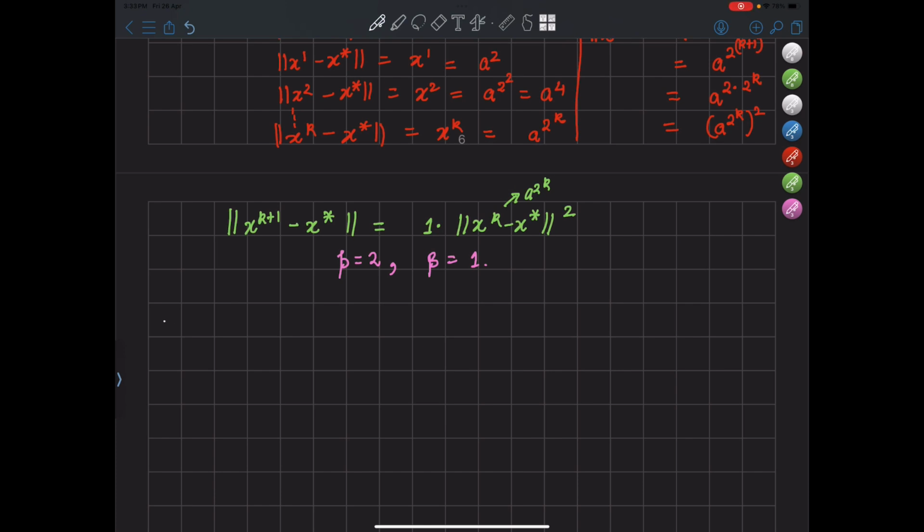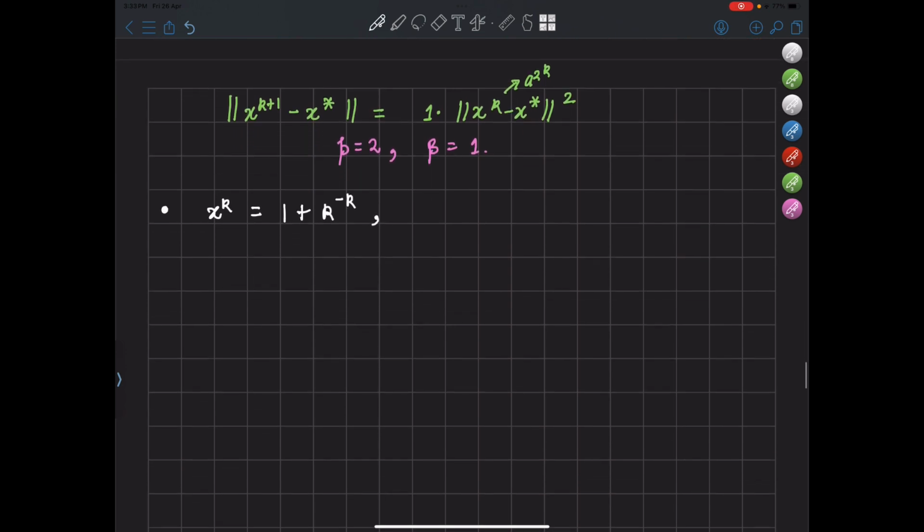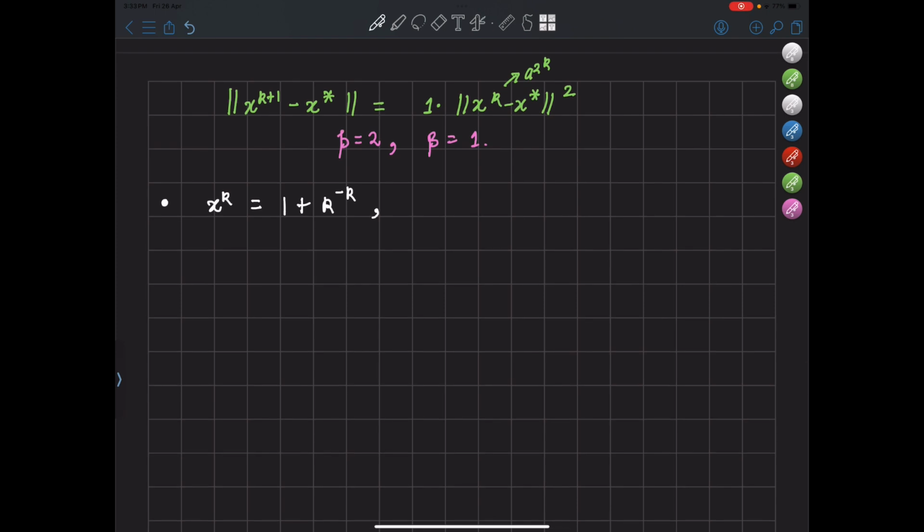Now let us look at one more sequence, where xk is 1 plus k to the power minus k. This is an example of superlinear convergence. How? Let's check.